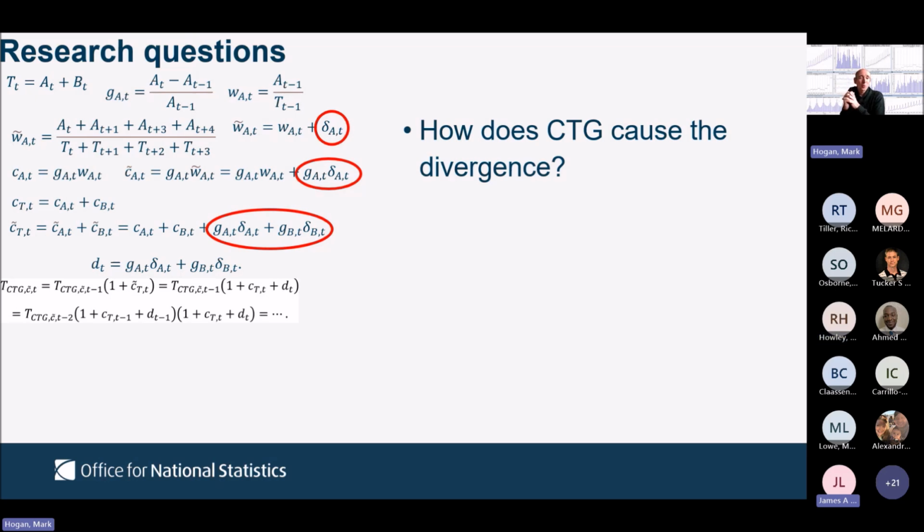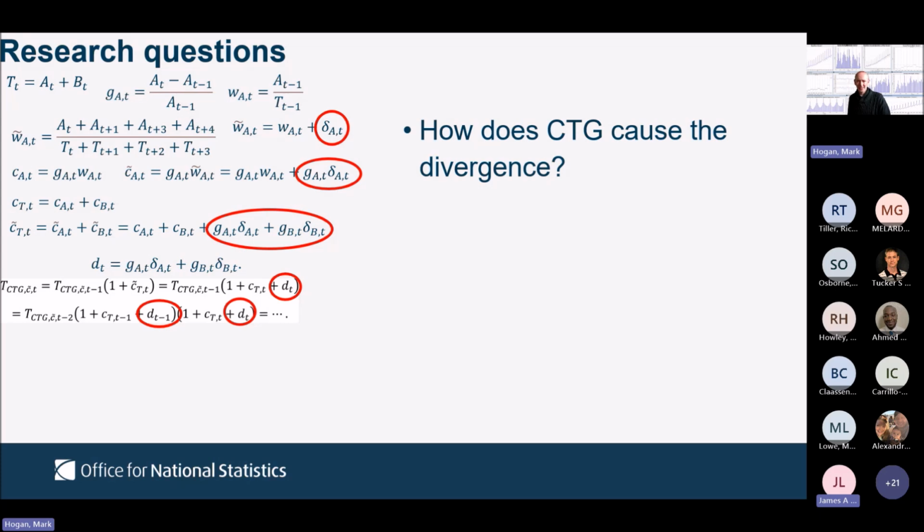And that can be written as 1 plus the true contribution to growth plus the discrepancy for time point T. And this compounds over time because the index value at time point T minus 2 can be written as this multiplication factor, 1 plus CT plus DT, and an additional similar factor. So you can see now how this effect is starting to compound over time.